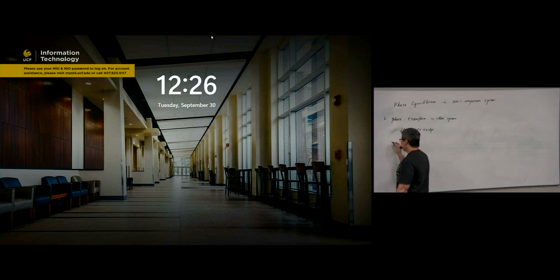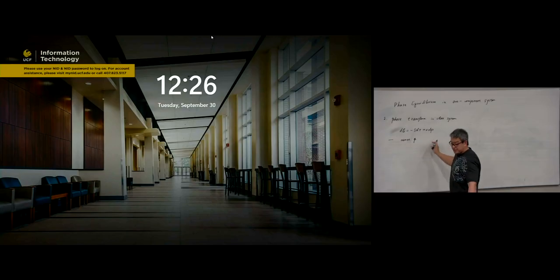So first of all, let's consider the situation of constant P. If the pressure doesn't change, we have dG equals minus SdT. Correct?